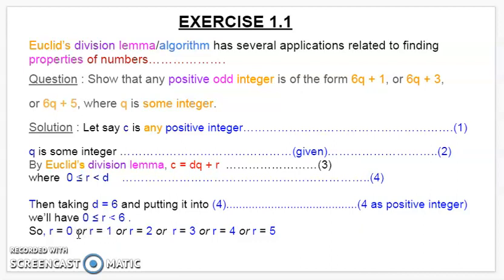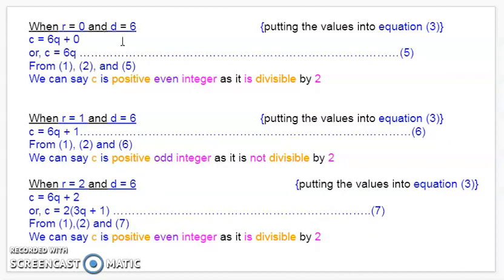We do not require r equals 0, because by looking here we can exactly put the remainder r equals 1 to get this form. So this form is unnecessary as it is an even integer.